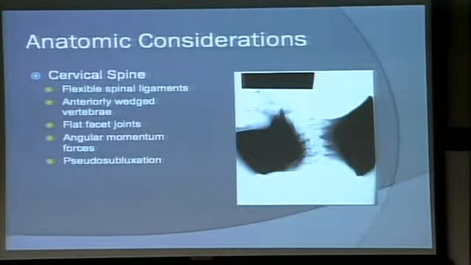And then it's not a problem for paramedics, but for us, when we look at a kid's cervical spine film, you can be fooled by what's called pseudo-subluxation. It looks like the vertebrae are sliding forward on each other. It's not really true.